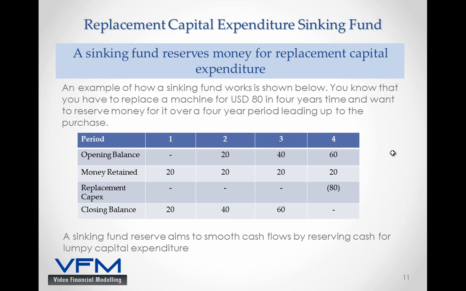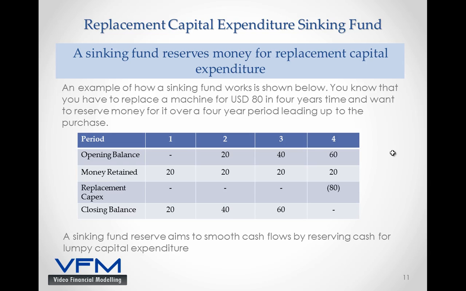So there are a lot of ways to do a replacement capital expenditure sinking fund. In this training course, we're going to look at a very, very simple way, which is retaining for a number of periods prior to that replacement capital expenditure.